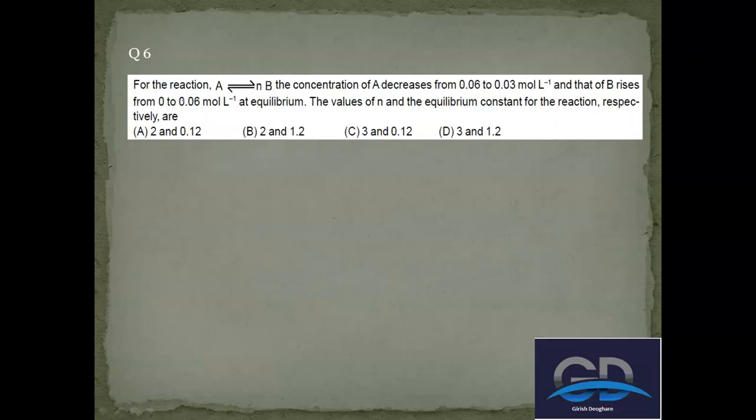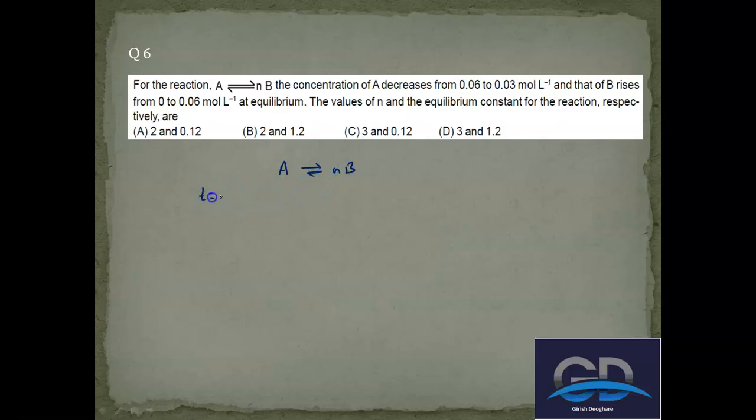Next, for the reaction A goes to nB, the concentration of A decreases from 0.06 to 0.03 mole per liter, and that of B rises from 0 to 0.06 mole per liter at equilibrium. The value of n and the equilibrium constant for the reaction are. So clearly A goes to nB is given to us.